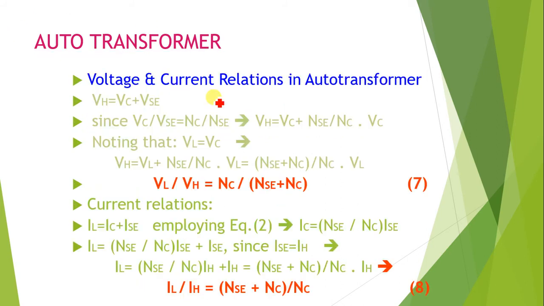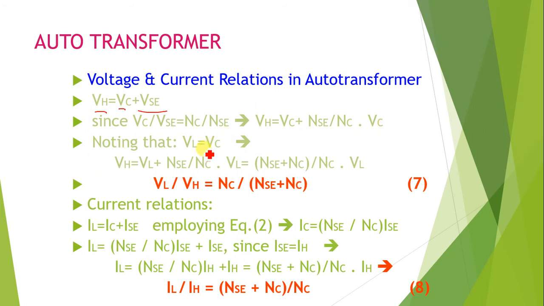Further, if you solve, the voltage relations in an auto transformer are given as VH equal to VC plus VSC. Since VC by VSC is equal to NC by NSC, VH is equal to VC plus NSC by NC into VC.